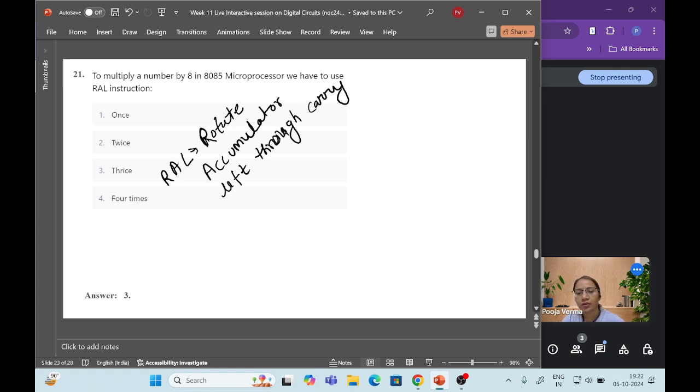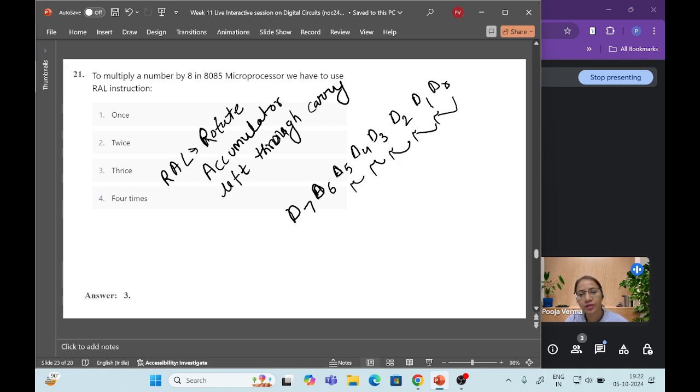We already know that it is 8 bits: D7, D6, D5, D4, D3, D2, D1, D0. If we want to rotate left, these bits will move in this direction, and the top bit goes into the carry, which is stored there.